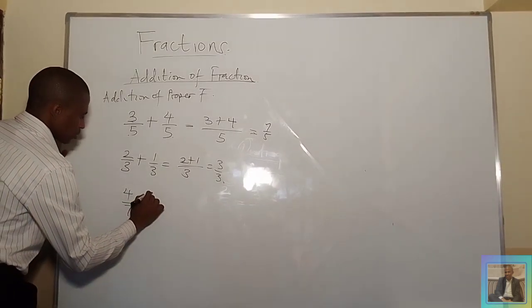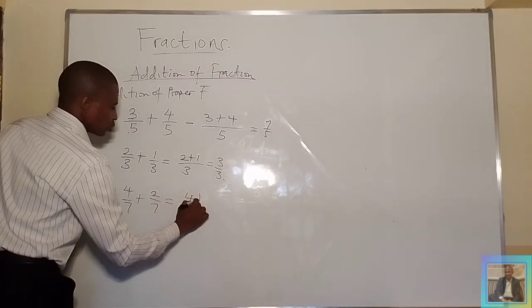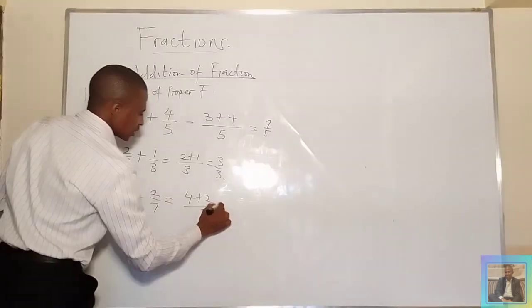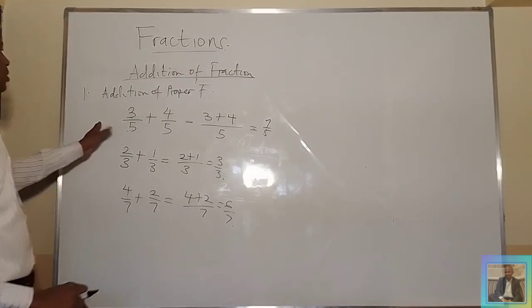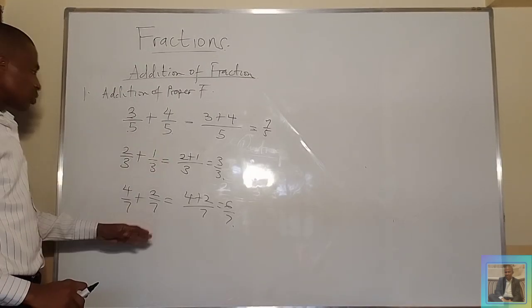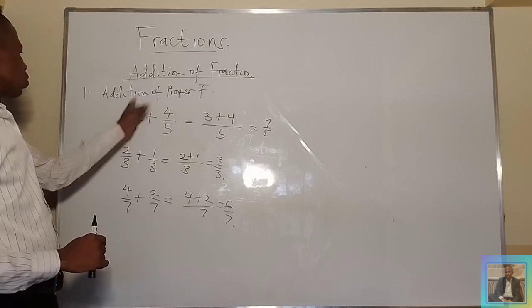That will be 4 plus 2 over 7. That's 6/7. So this is very easy when your denominator is the same, homogeneous denominator. Just add up the numerators and that is all you have.